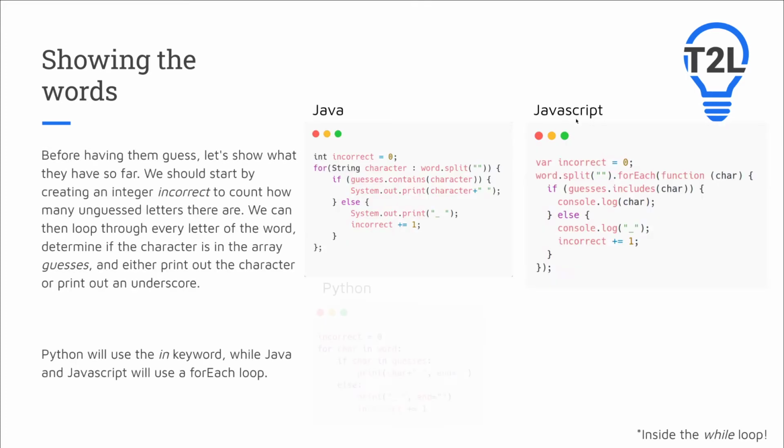So we show the word. Okay, next up, the variable that we had before, incorrect. Now, how can we use that to determine if the player has won? Anyone have any thoughts?